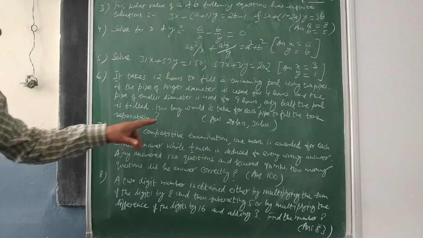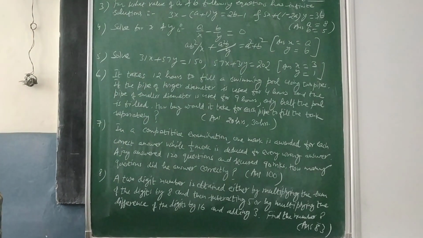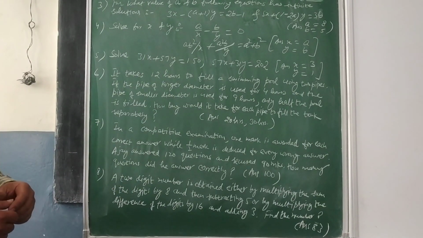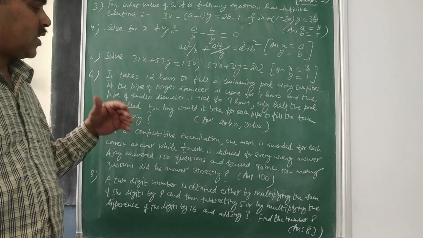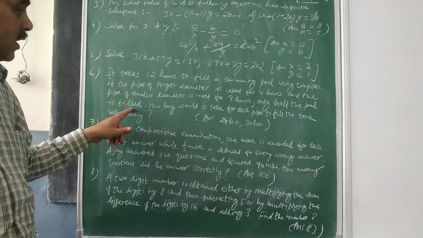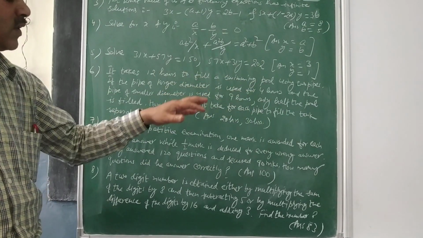Then your sixth question is a problem sum I have covered from the time and work point of view. The question is in your NCERT exercise somewhere, with the larger diameter and smaller diameter pipes. Here it is written that only half the pool is filled when these pipes are used, one for 4 hours and one for 9 hours.